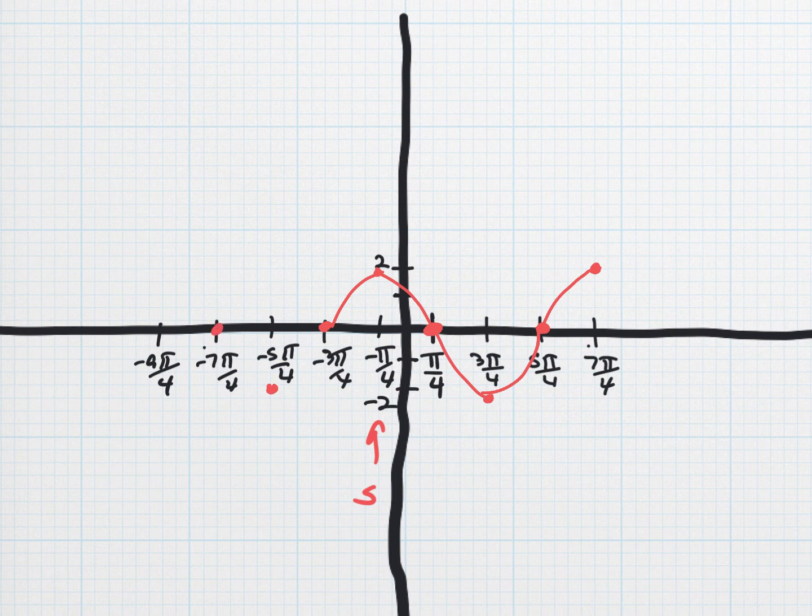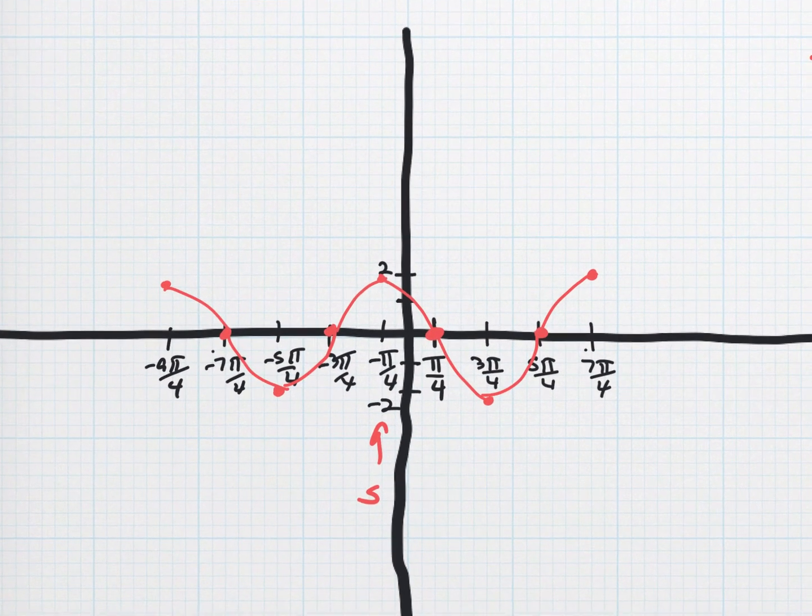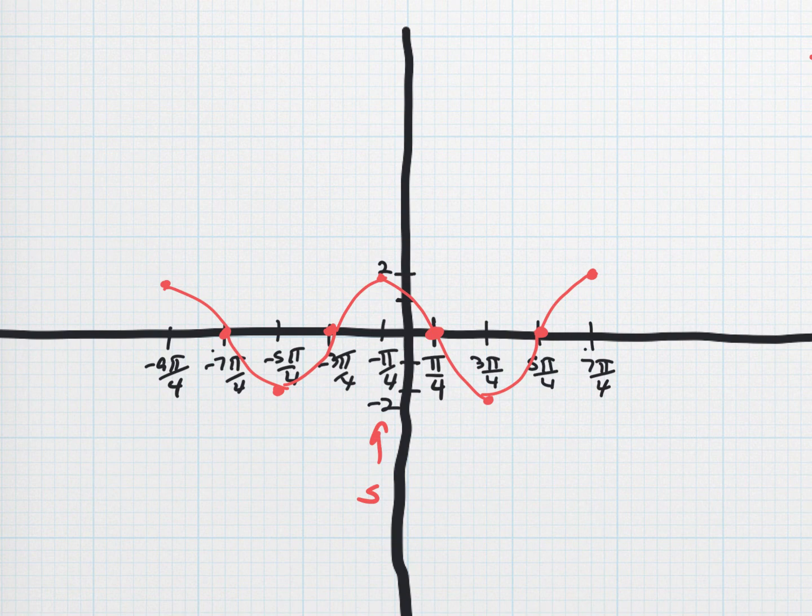And then back up, and then back up again. And there is your cosine graph with a shift of pi over 4 to the left. Does that make sense?